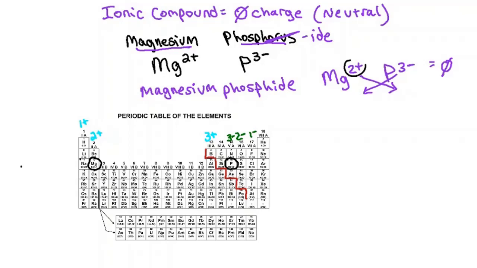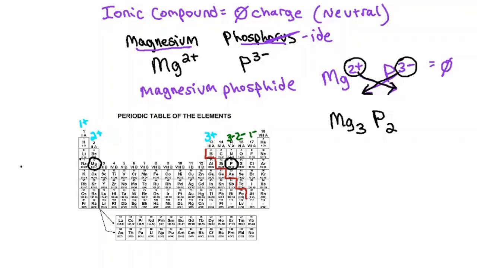Lasso the 2 and bring it down here, and lasso the 3 negative and bring it down here across the ways. So you end up putting a 3 down here with the magnesium, so 3 atoms of magnesium, and then you take the phosphorus and make that 2 atoms of phosphorus.